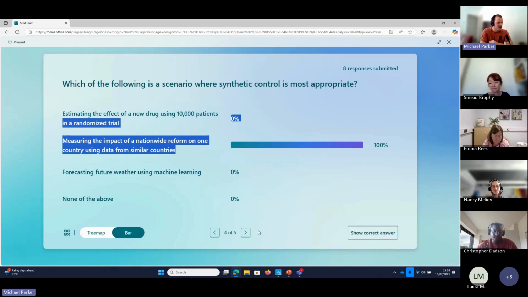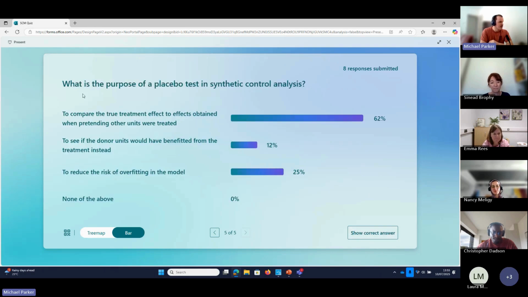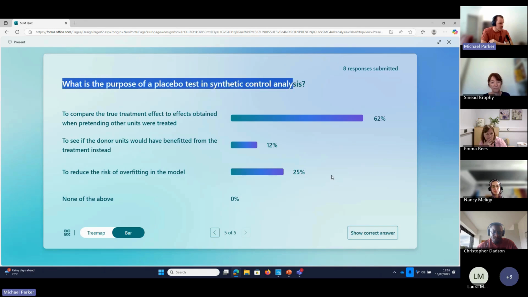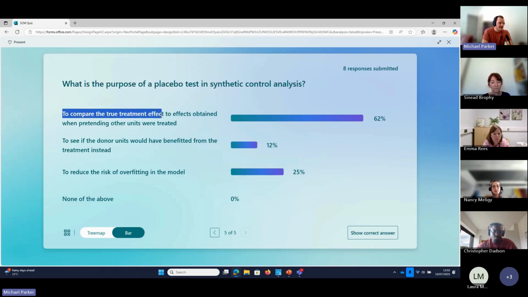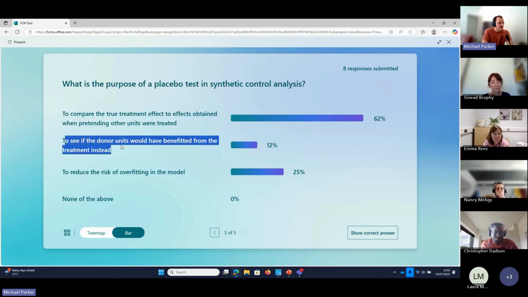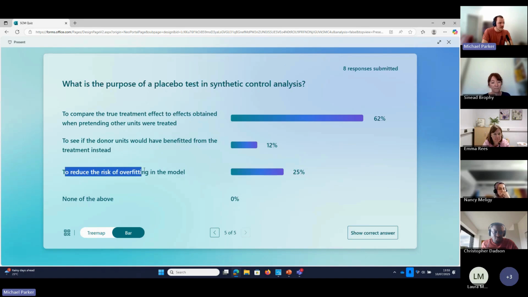And then question 5, what is the purpose of the placebo testing in synthetic control analysis? To compare the true treatment effects to effects obtained when pretending other units were treated is 62%. To see if the donor units would have benefited from the treatment instead. To reduce the risk of overfitting the model, and none of the above.